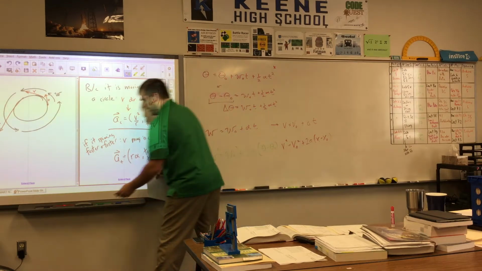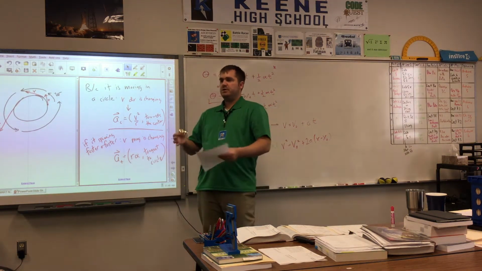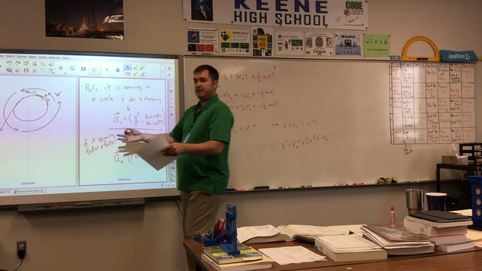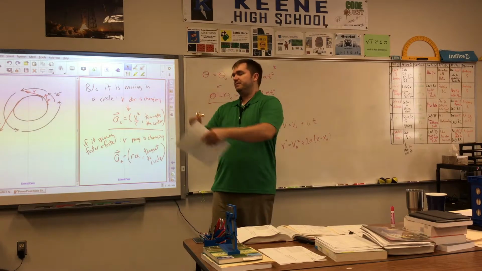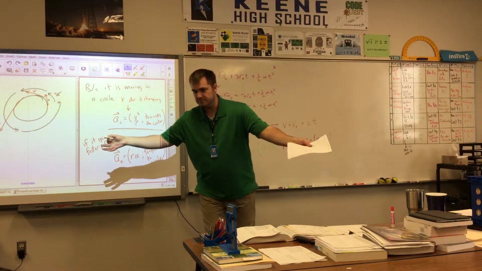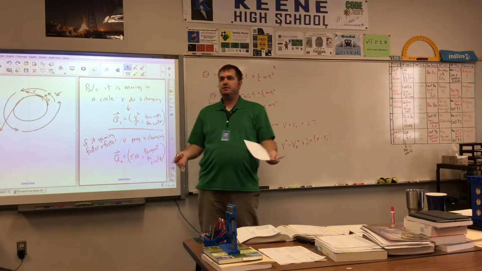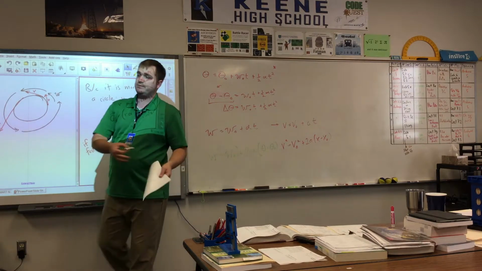If you can wrap your mind around this, which is not too bad. I mean, we discussed all along that velocity has two parts, right? Direction and magnitude. And if the velocity changes, then you're going to get acceleration. Logically, if something's traveling in a circle, the velocity can change in two different manners.